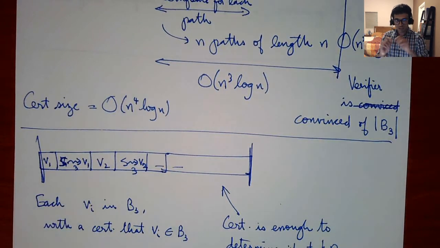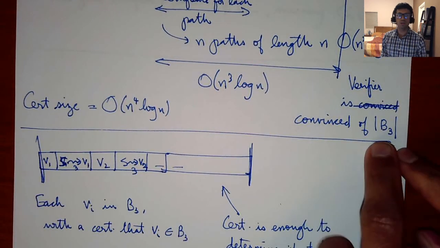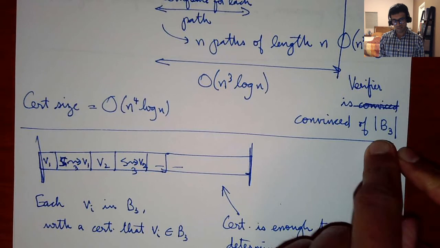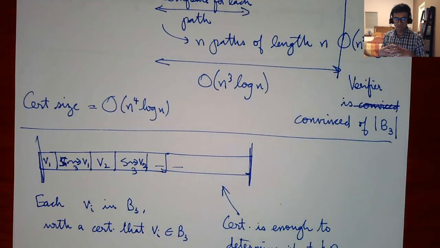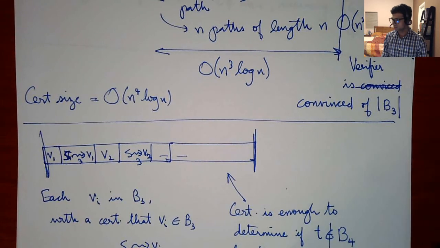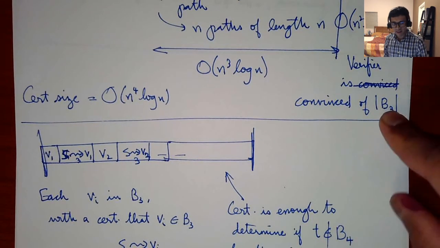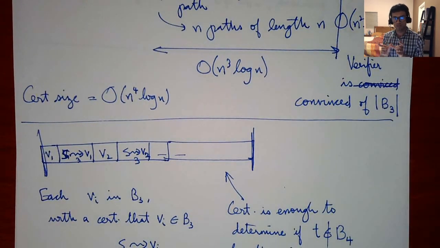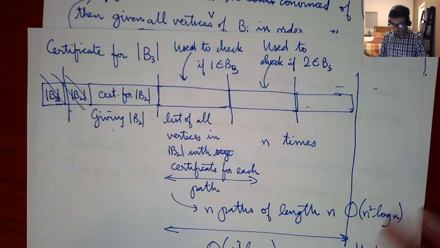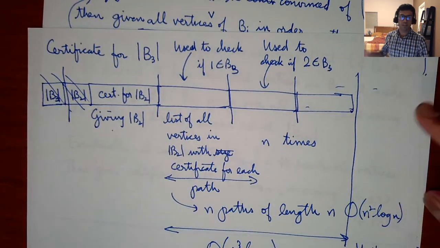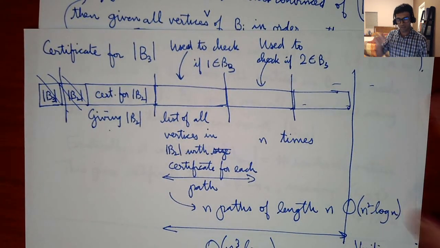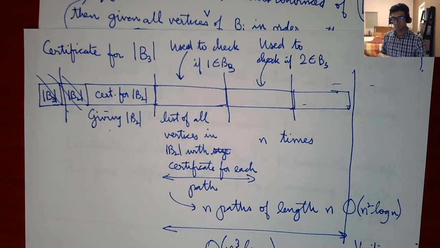Once it knows what the size of B3 is, it can store the count of B3. It doesn't have to be convinced of the size of B3 over and over again, because B3 can be stored. And once it gets B4, it can forget about B3.